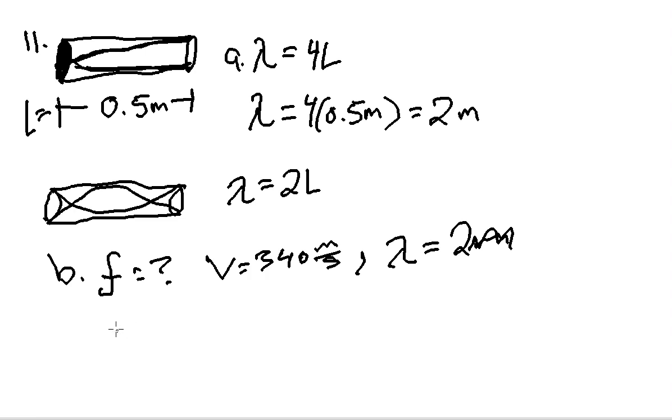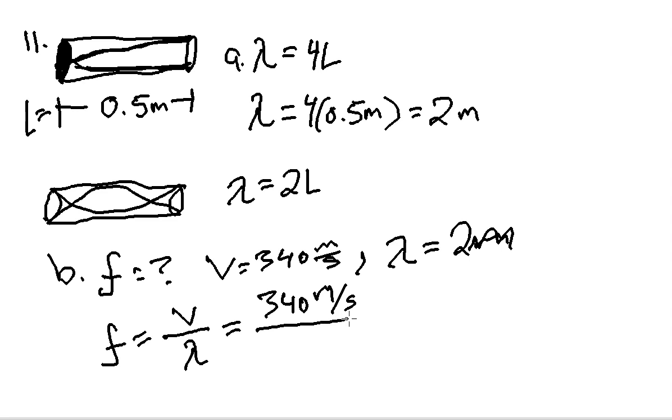I can do the algebra for you, as I showed you last problem: velocity divided by wavelength gives us frequency. The velocity is 340 meters per second. The wavelength is 2 meters. And 340 divided by 2 gives us 170 hertz.